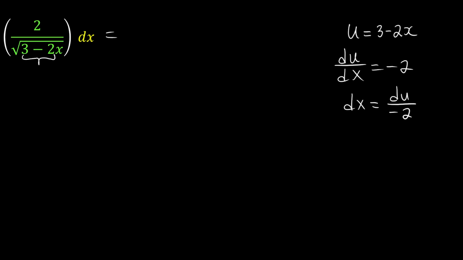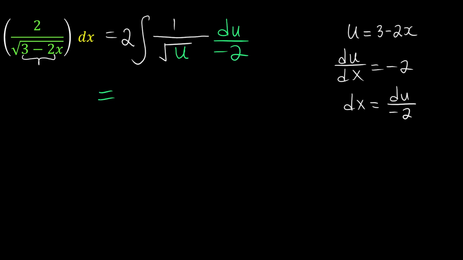So we're going to start with the integration. Take out the constant first. This is why we have 2 integration of 1 over the square root of 3 minus 2x, which is basically u. So we can say that it's the square root of u, and then dx is just du over negative 2.